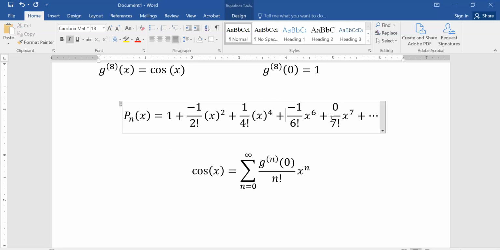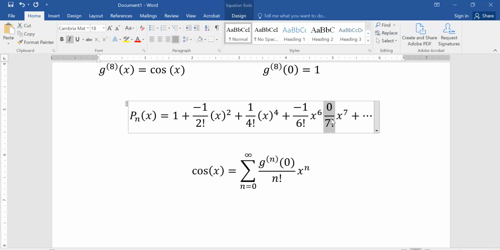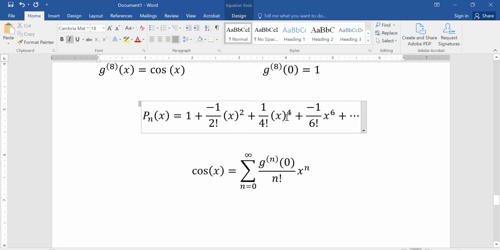Let's see if I can do that. And see what we end up with is all the even powers where they jump back and forth with this numerator of between a positive and a negative 1.